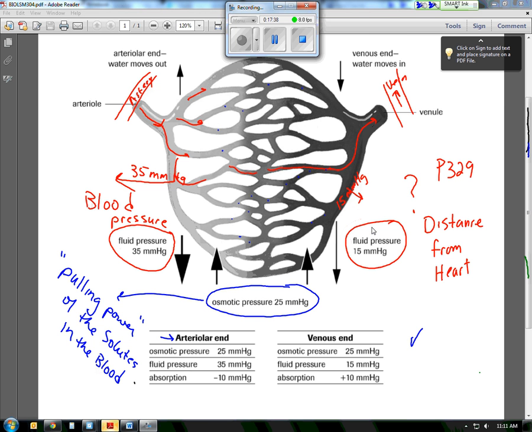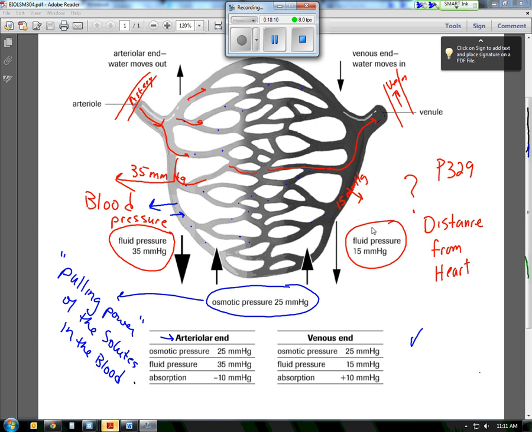In this one, the osmotic pressure is 25, so there's some solutes in the blood that don't leave that create an osmotic pressure of 25 millimeters of mercury, but the fluid pressure is quite a bit larger than the osmotic pressure. So the fluid pressure, the pressure pushing out on the walls of the arteries, is bigger than the osmotic pressure pulling the stuff back in.